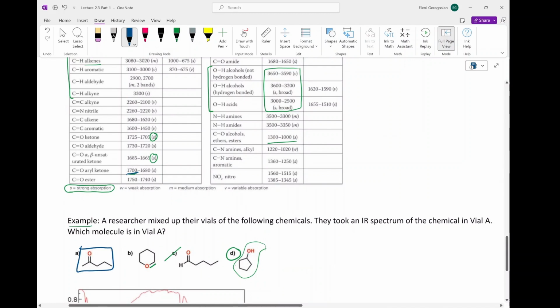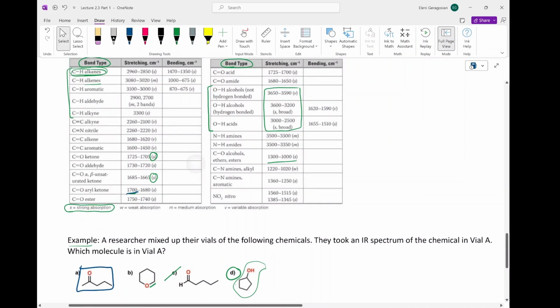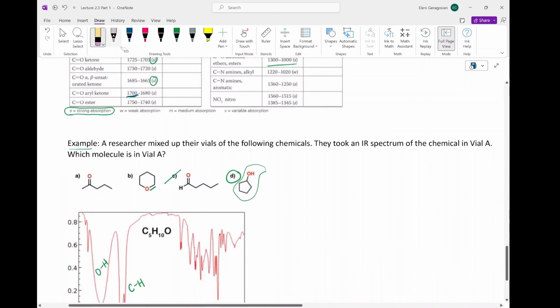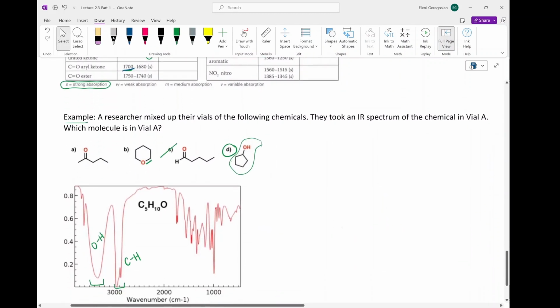We have carbon to hydrogen single bonds in the alkane chain, so we'd expect a peak here. And that's it. Those are the types of bonds that are present, so we'd expect those two peaks for that molecule, for example. So you'll see different types of IR questions.